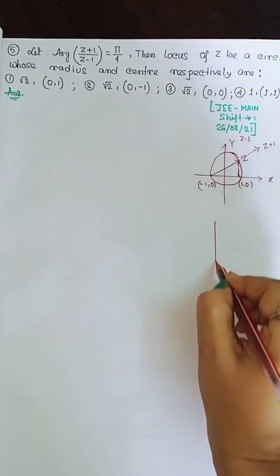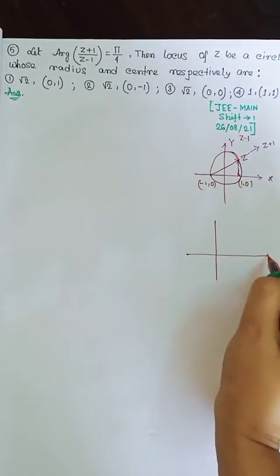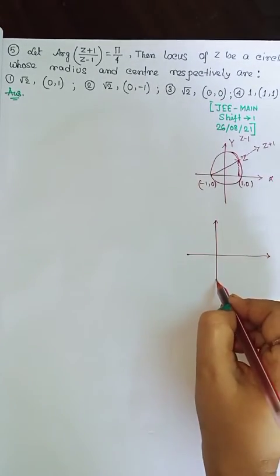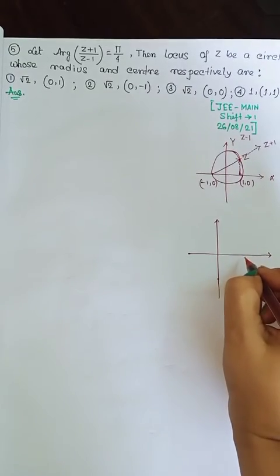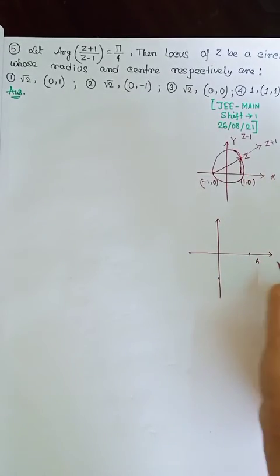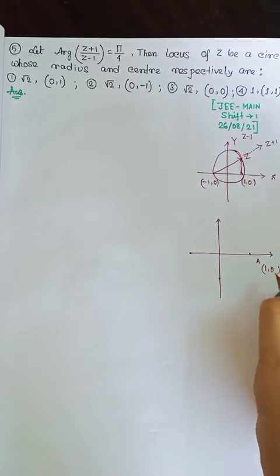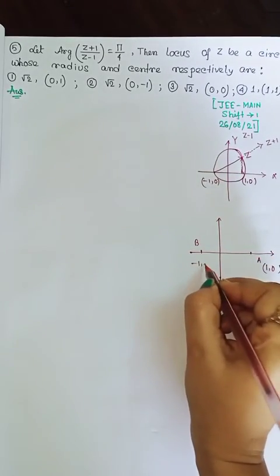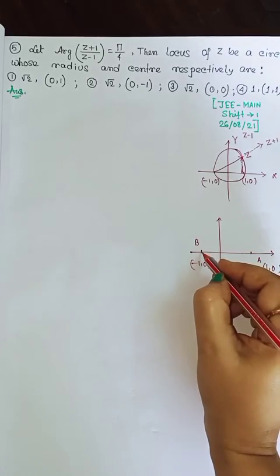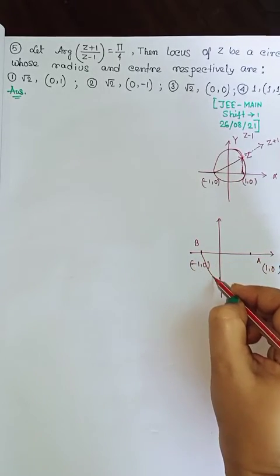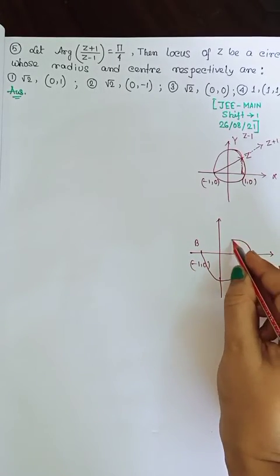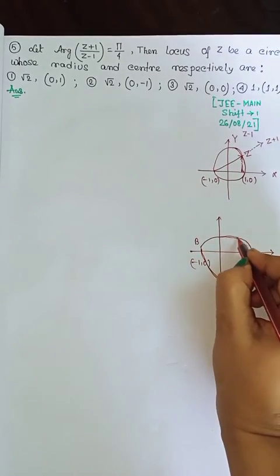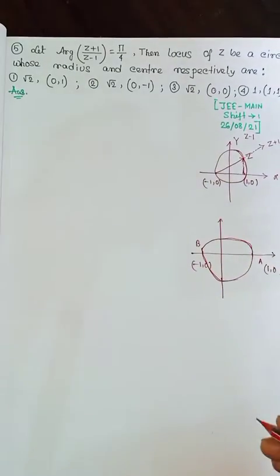Now moving to picture 2, that is, the major arc is here, on the negative x axis. Here it is the point, this is 1, 0. Now draw the picture again, that is B, this is minus 1, 0. Now the picture becomes, here is the major axis and this is the minor axis. Imagine this is the circle.